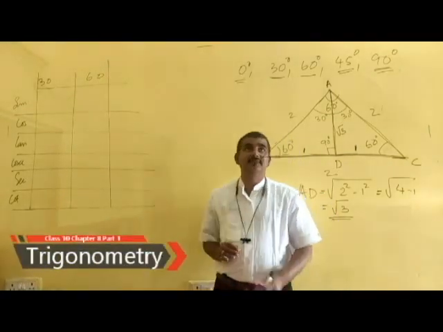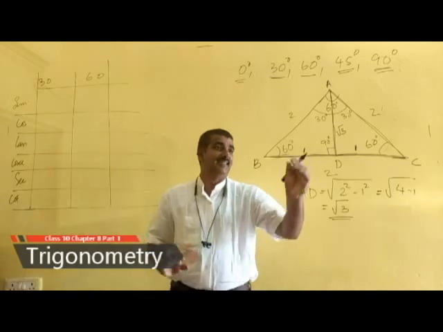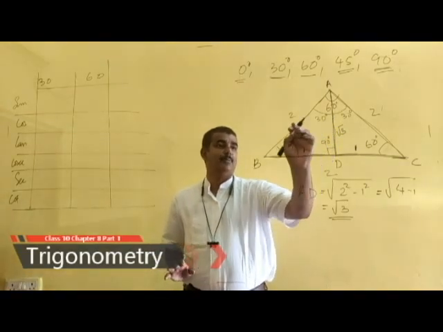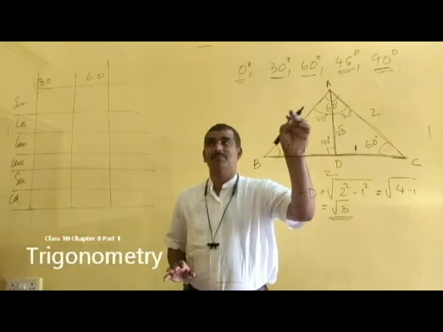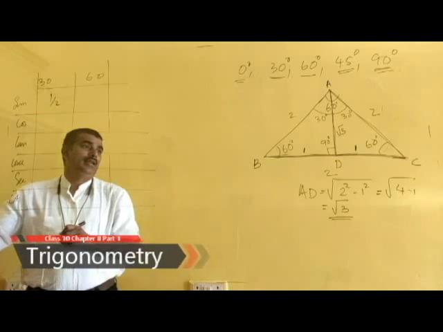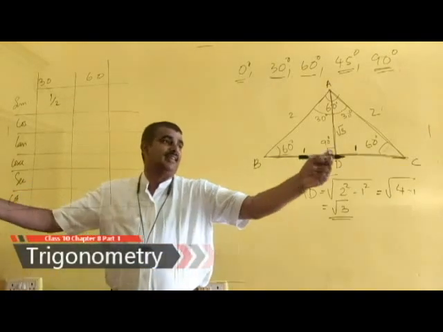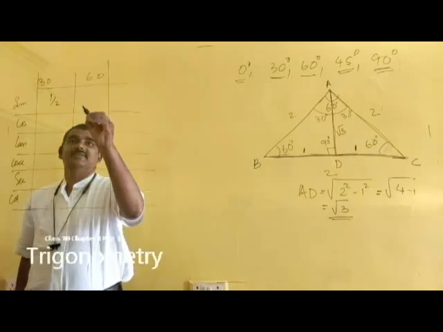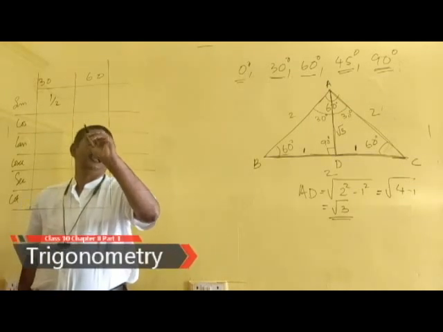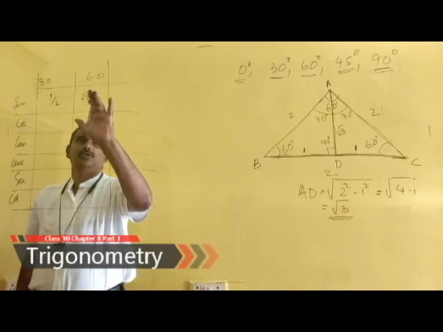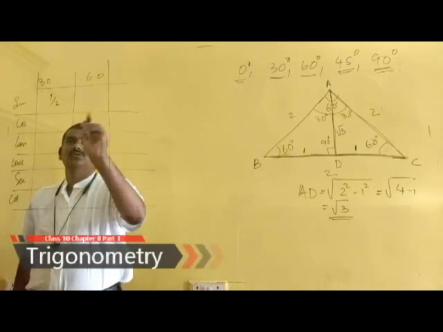First of all, sine 30, this is the angle 30, sine 30 is opposite side divided by hypotenuse, opposite side is 1 by 2, so sine 30 is 1 by 2. Then cos 30 is adjacent side, that is root 3, divided by hypotenuse, 2, so that is equal to root 3 by 2.